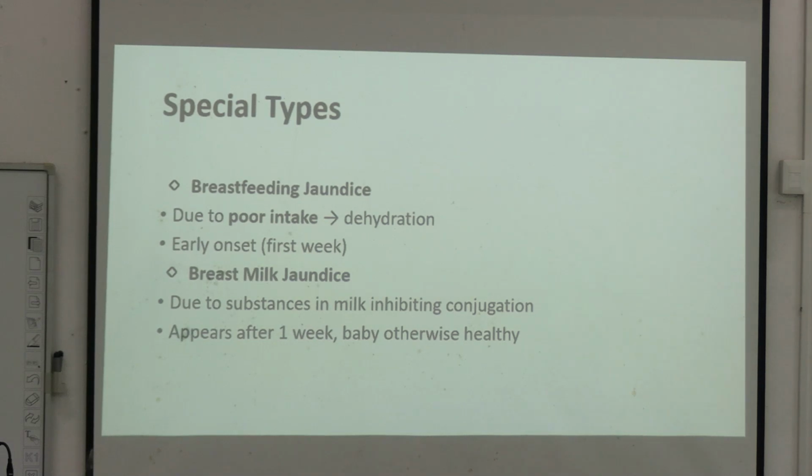Special types: breastfeeding jaundice and breast milk jaundice. These are different. Breastfeeding jaundice is due to poor intake, dehydration, early onset in the first week. Breast milk jaundice is due to substances in milk inhibiting conjugation, appearing after 1 week.